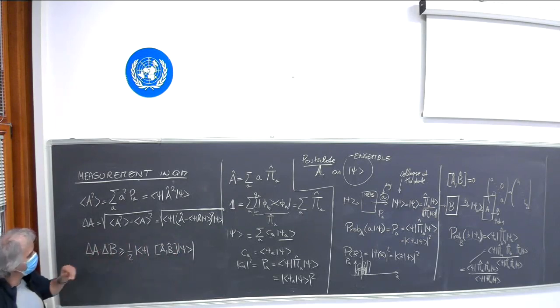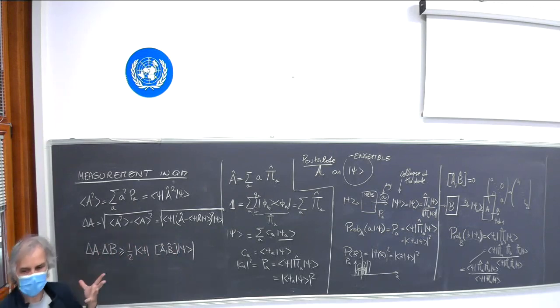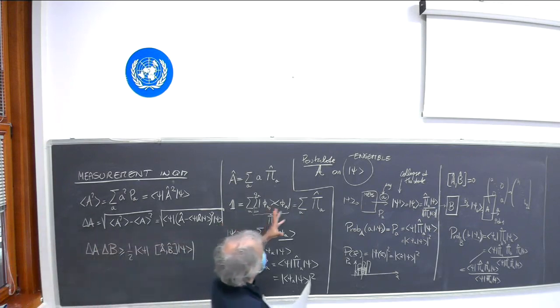Now, how do you reduce the uncertainty? How do you prepare states which have arbitrarily small uncertainty in two commuting operators? It's simple, right? I take a state.